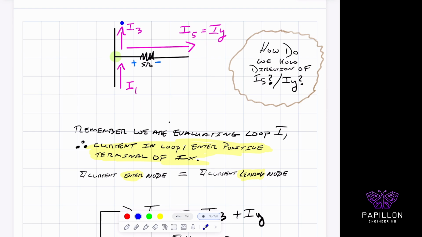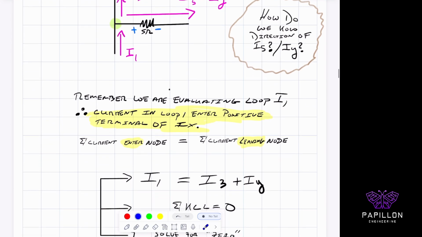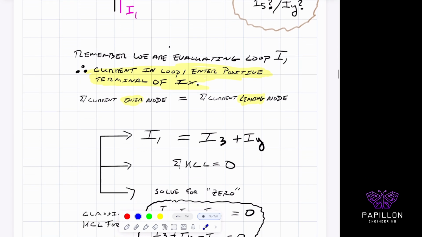So for sure, at this point of the circuit, I know that I3 is going to be going upwards as well, in other words, leaving this node. But how do I know the direction of I5? How do I know if it's going out or in to this resistor? That's an important thing for us to get a feel for today.